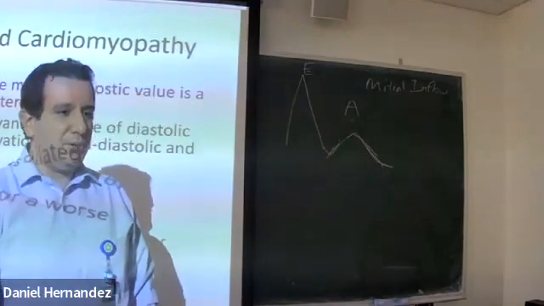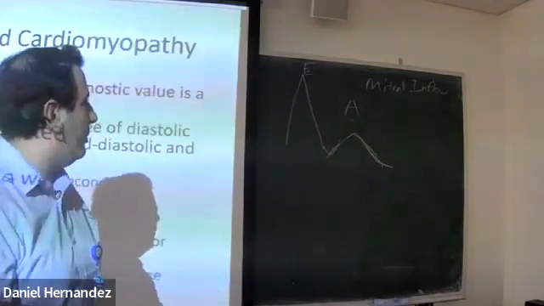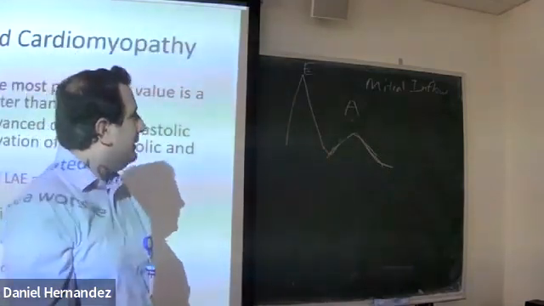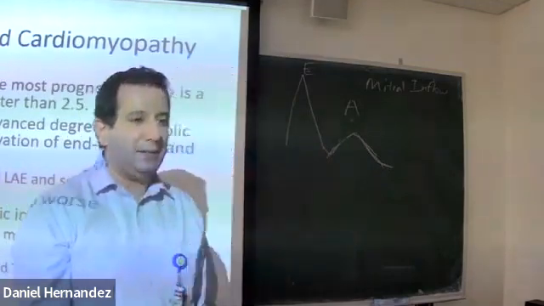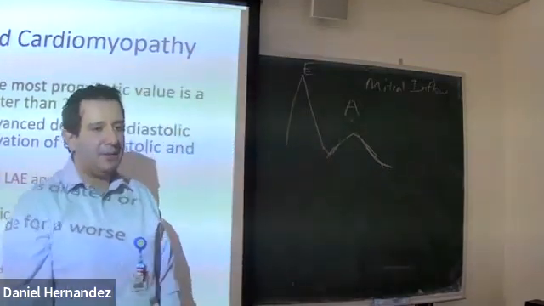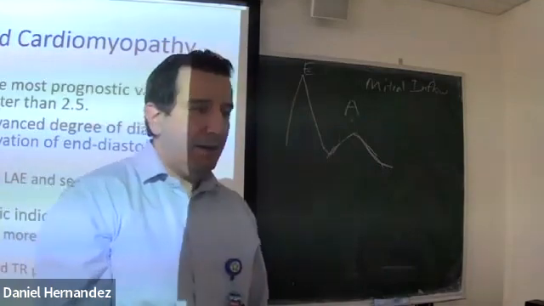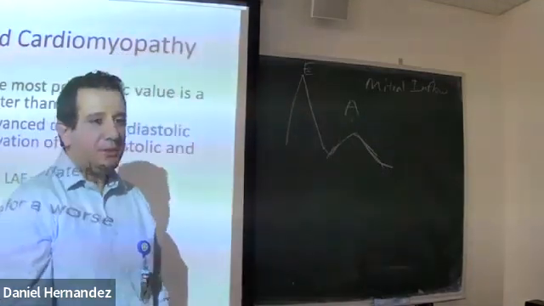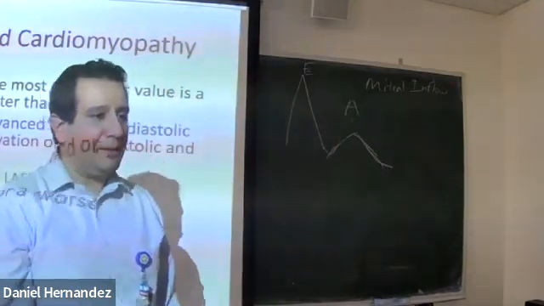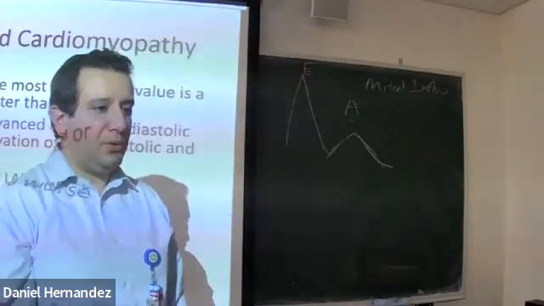So an E to A ratio greater than 2.5 is a poor prognostic indicator. That indicates this patient has advanced diastolic dysfunction at this point, and marked elevation of end diastolic and left atrial pressures.